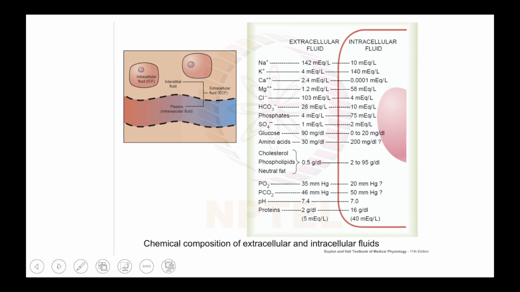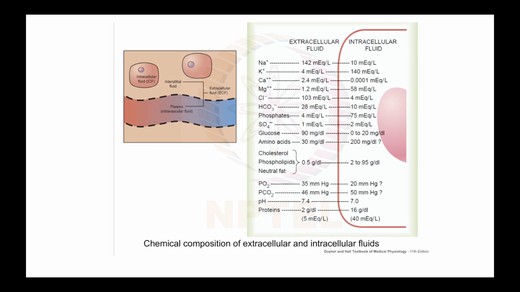So here is the chemical composition of extracellular and intracellular fluids. Say here we have a cell, and inside the cell, the cytoplasmic material and the organelles and everything is the intracellular fluid. And then we have extracellular fluid. Every organ is connected well with blood vessels.